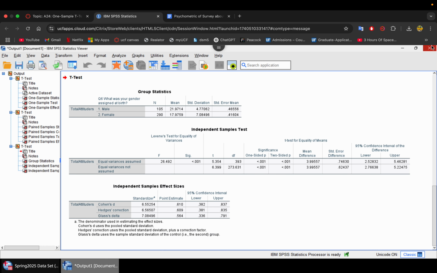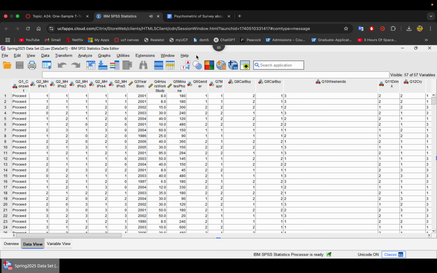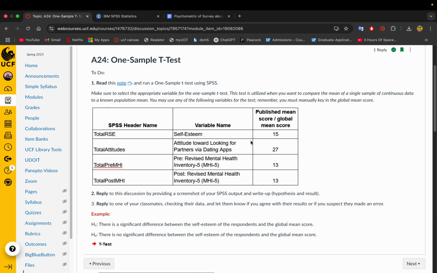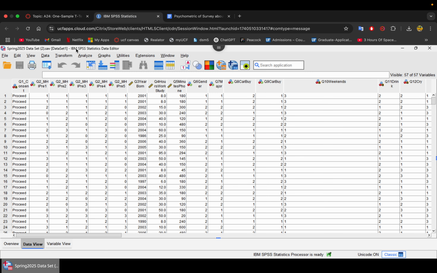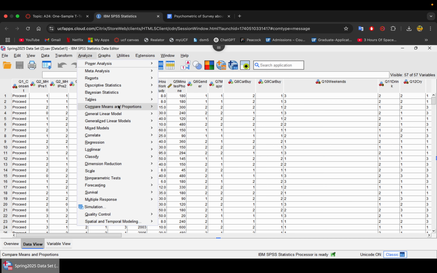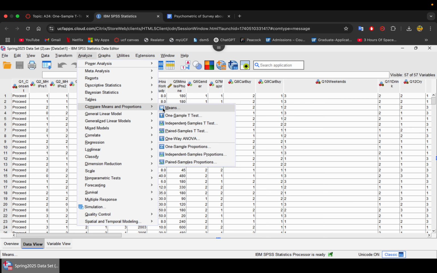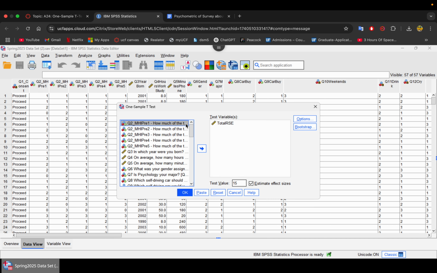So we're here. This is the data set that you'll be provided. For the sake of example, we can do total RSE and self-esteem. So we're going to go Analyze, then Compare Means and Proportions, and then One Sample t-test.